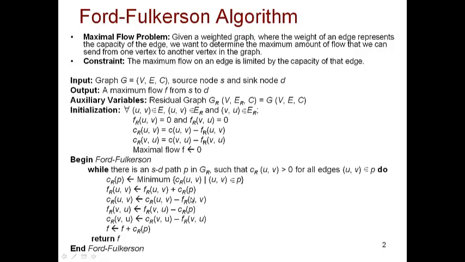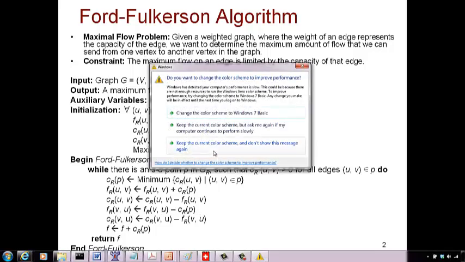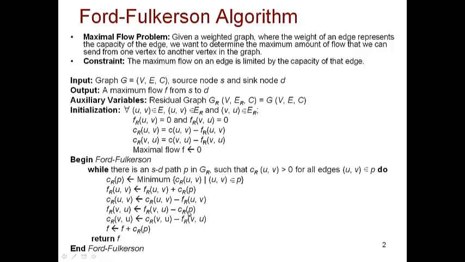These two are in the forward direction. In the reverse direction, the flow from V to U is the flow that you had before from V to U minus the flow that you are sending. Similarly, the capacity of the edge in the reverse direction is the capacity before the flow minus this flow. So always the new capacity is the previous capacity minus the flow you are sending in that direction.